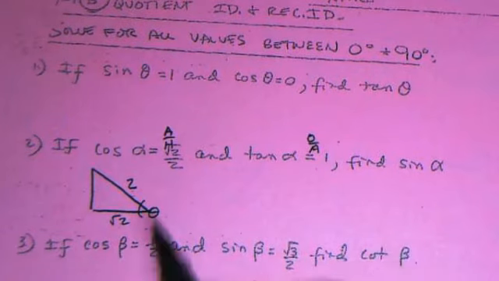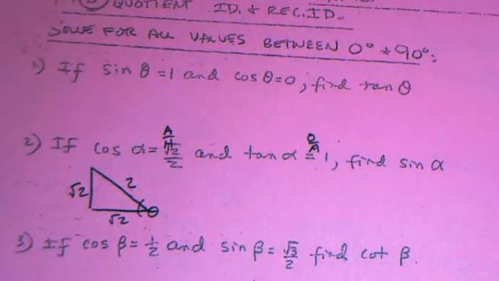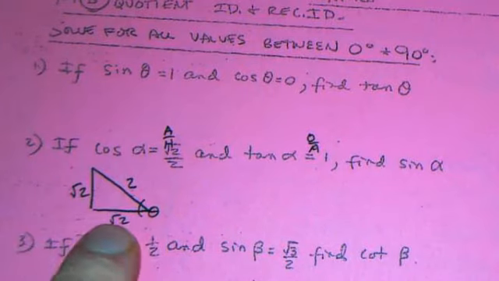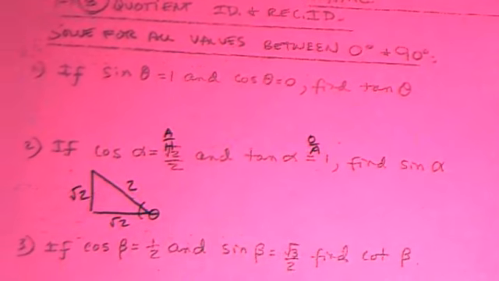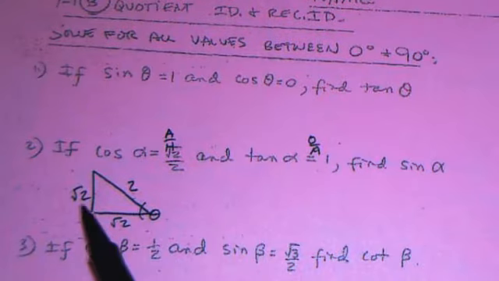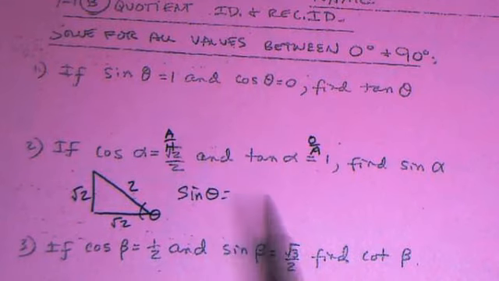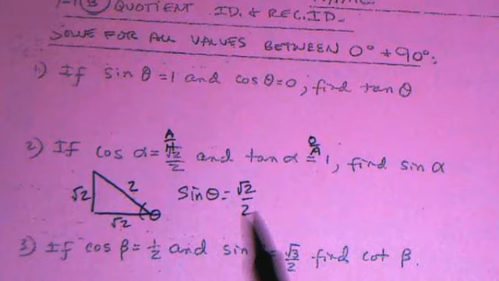So if this ratio comes out to be 1, the opposite must also be a root 2. That gives us opposite over adjacent of 1 and cosine of root 2 over 2. It wants to know what the sine of the angle is. Sine is opposite over hypotenuse. We got root 2 over 2. So sine of theta is root 2 over 2.